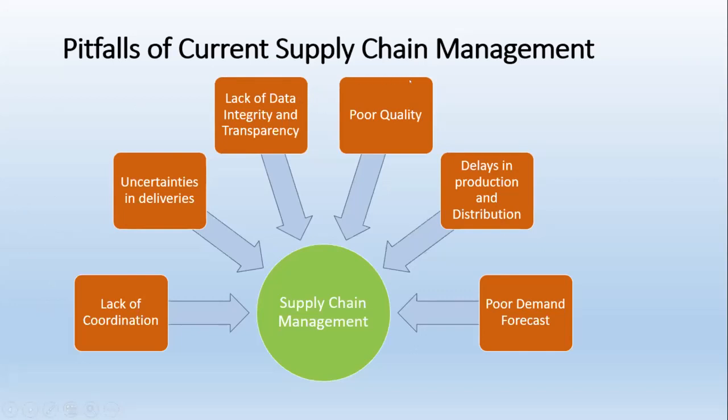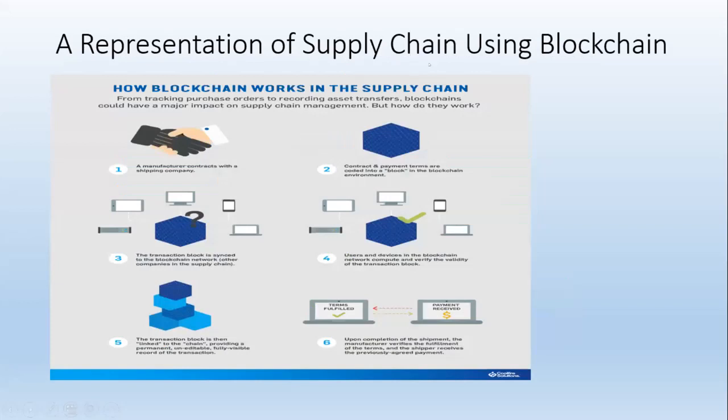Let me move on to the representation of the supply chain using blockchain: how blockchain technology can be applied to supply chain management, how a transaction takes place, and how it works. It is not an end-to-end transaction. It is between the manufacturer and the shipping company.